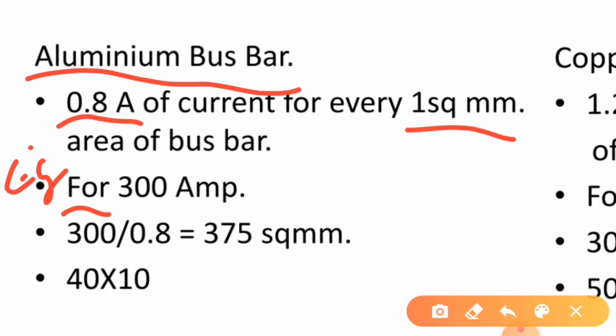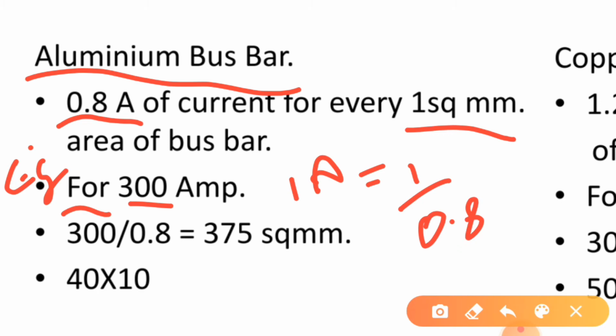Okay, let us understand this with an example. Like if our current is 300 ampere, or we want to design an aluminium bus bar for 300 ampere. And friends, now you know the thumb rule that for 0.8 ampere we require 1 square mm, or we can say for 1 ampere we will require 1 by 0.8 square mm of this bus bar. So we can do easy calculations here.